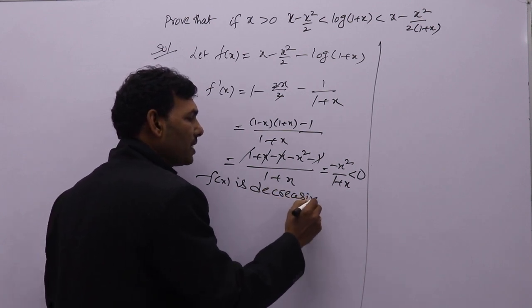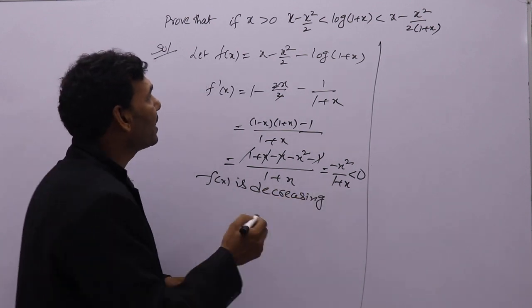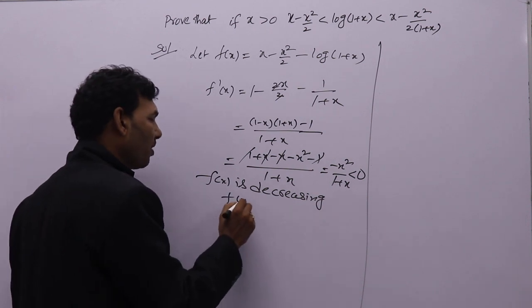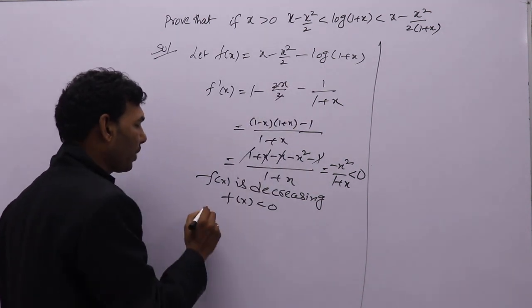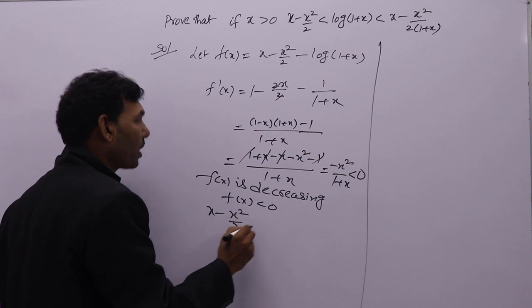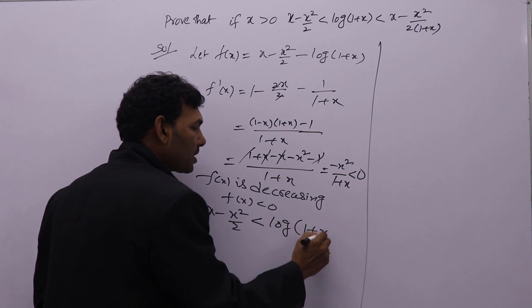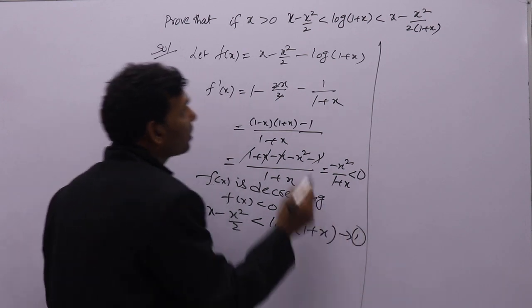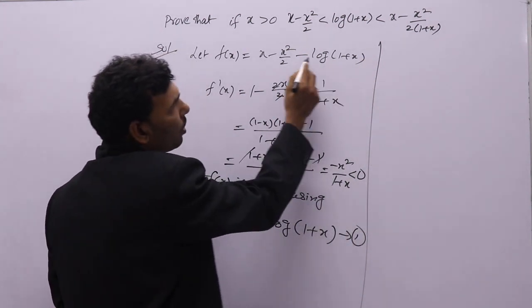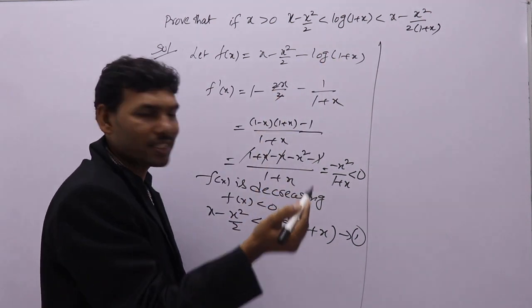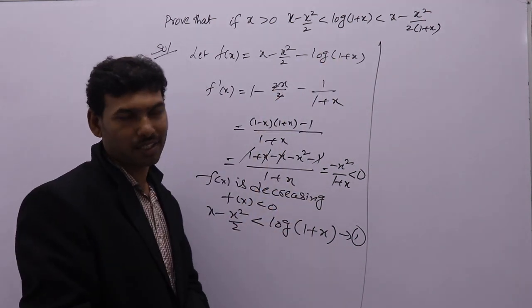Decreasing means f of x is less than 0. From that we can say x minus x squared by 2 is less than log 1 plus x. This is equation 1. This total value is less than 0, and if you send minus log 1 plus x to the right side, that will be log 1 plus x.